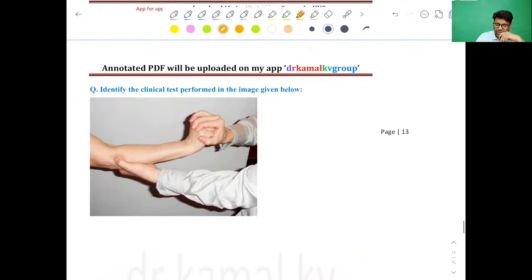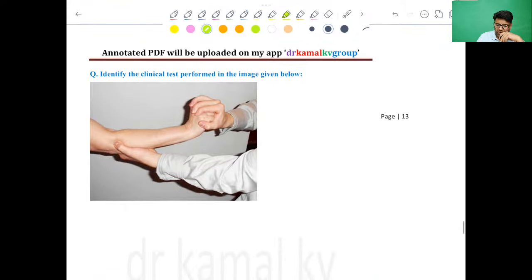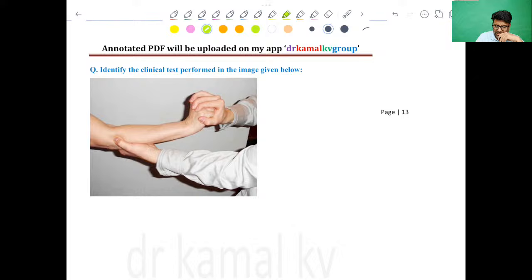Then the next question is about one maneuver which has been shown here, and we can see the examiner is pressing upon the lateral epicondyle area, and the movement being tested is that the patient is told to do dorsiflexion, and the doctor is resisting it. So what happens when the patient tries to do dorsiflexion against resistance?